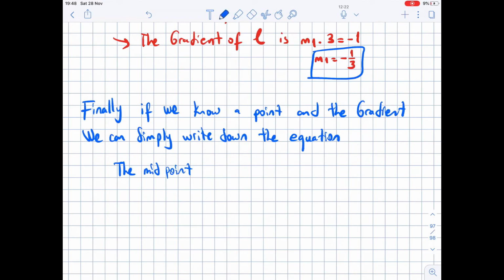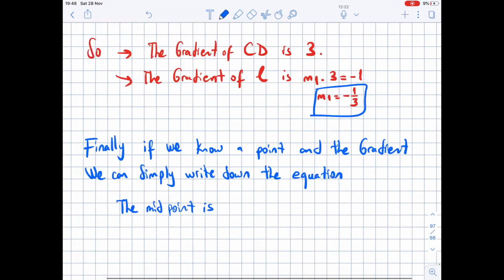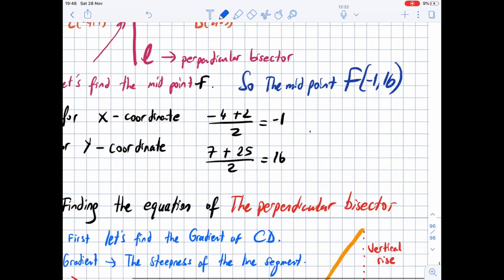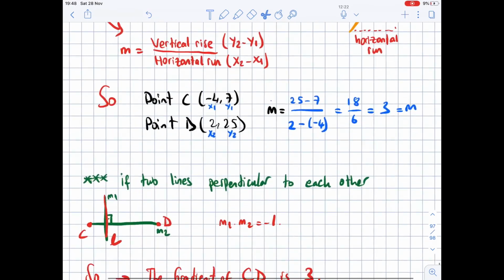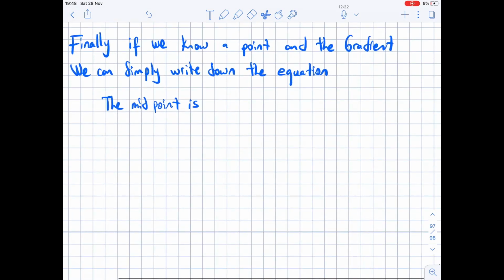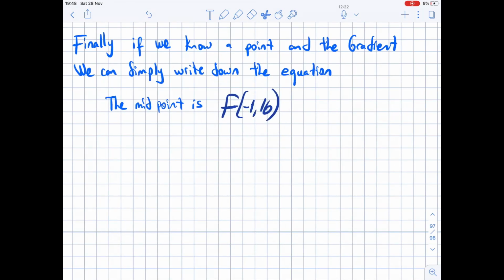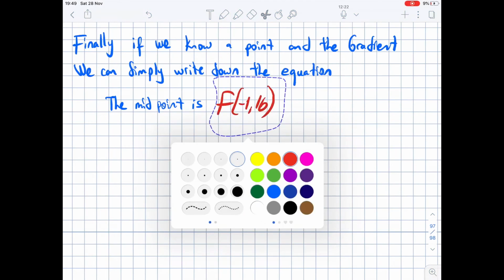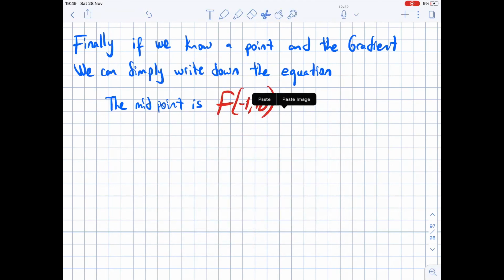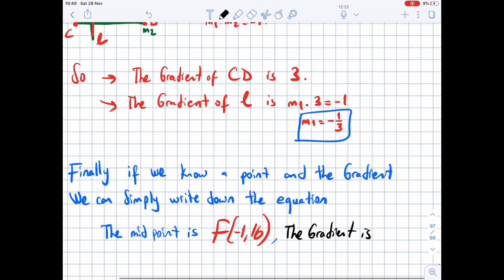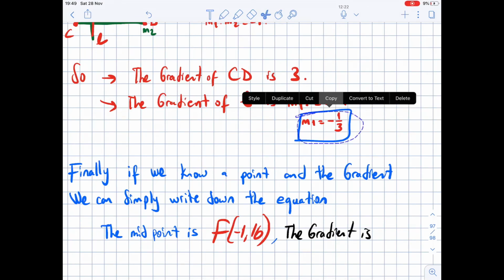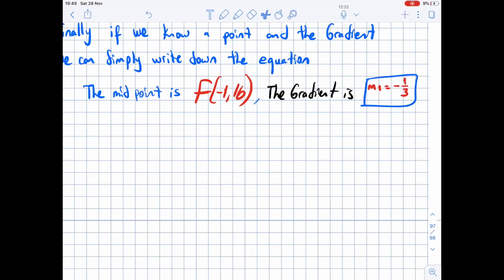To find the perpendicular bisector's equation, I have to use the midpoint, because this midpoint belongs to the perpendicular bisector as well. So the midpoint is F, negative 1 and 16. And we found that the gradient of this perpendicular bisector is negative 1 over 3. I'm going to copy it and paste it here.